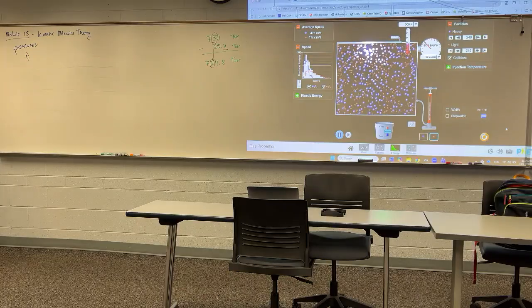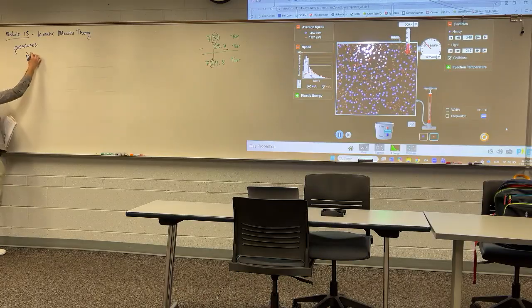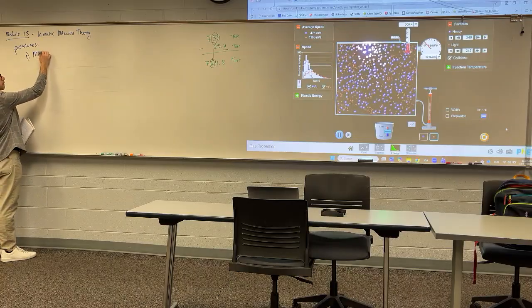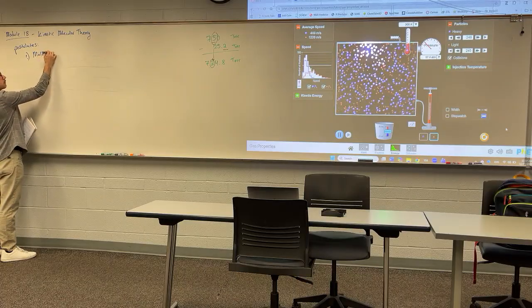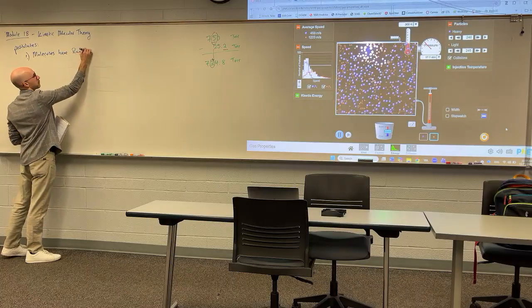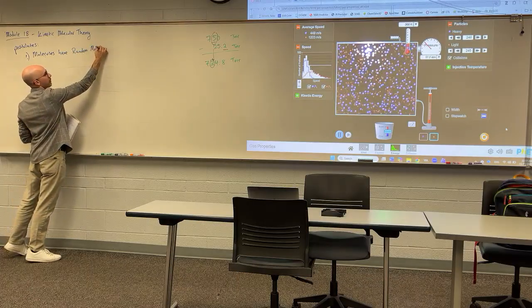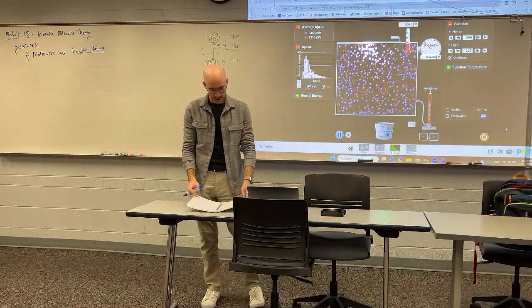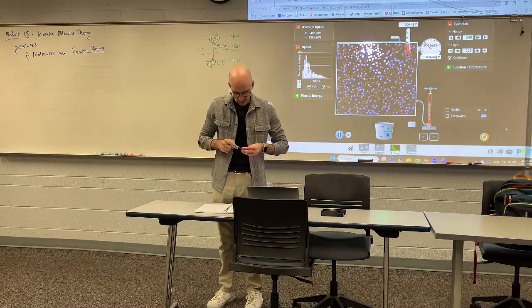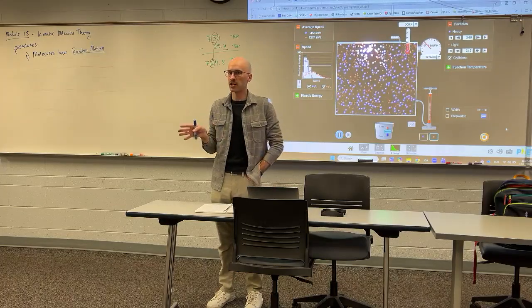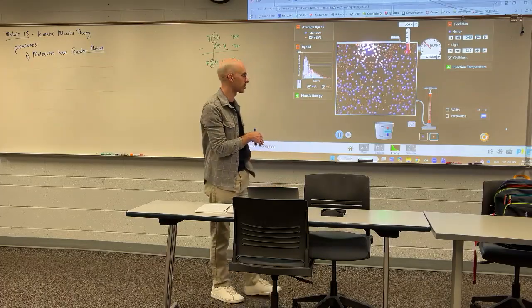Postulate 1: molecules have random motion. Gases are made up of small particles that are in constant motion, and they're changing direction only after collisions.